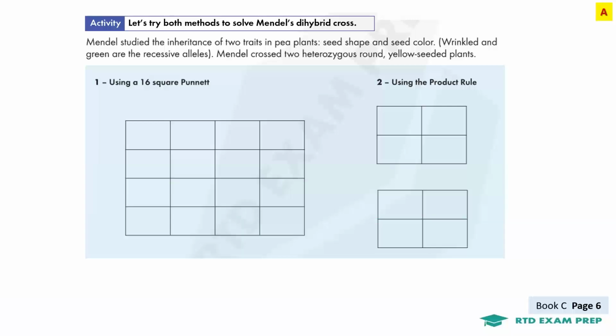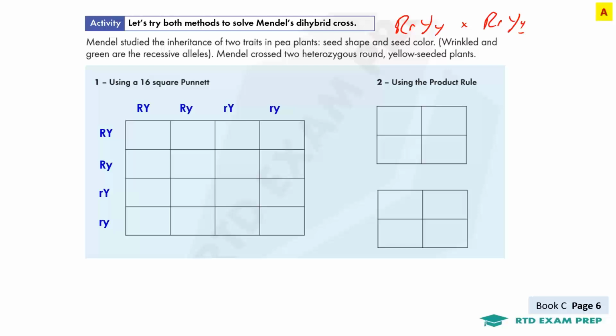When we look at our squares, I'd like you to try that cross that we saw in the last one. So you're going to be doing big R, big Y, little y, times big R, big Y, little y, and setting it up for your 16 squares.